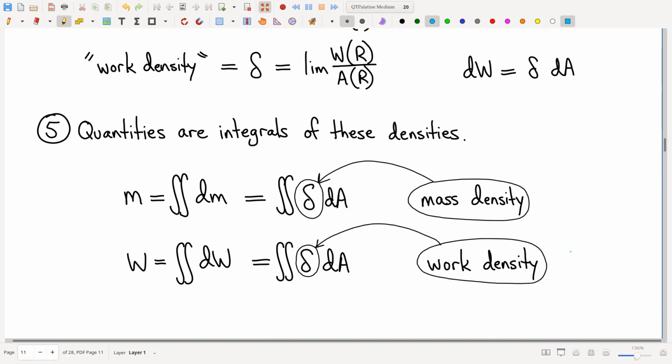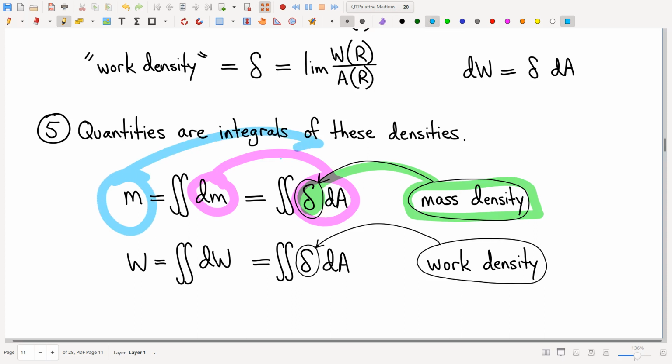So, in the same way that this notion of mass density allows me to write down a calculation like this, and this gives me a big theorem, I can compute mass as an integral of density. Well, you can do this with any accumulating quantity for which you have an associated density.